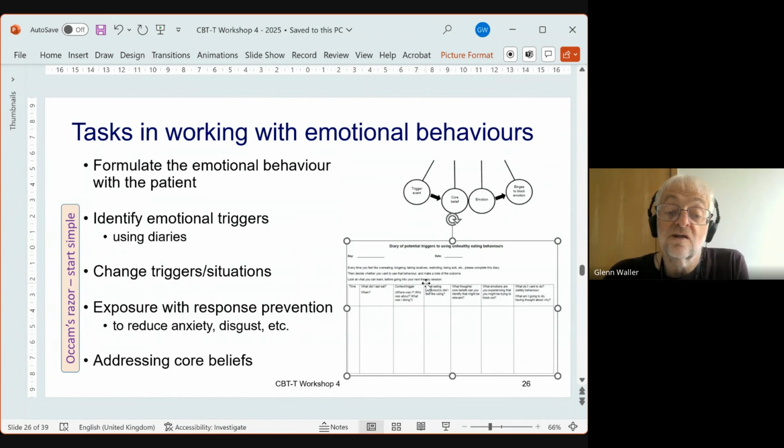But also, what's the context? Where was I? Who was about? What was going on? What was I doing? And then what was the eating behavior? So let's say in this case, binging. Like I say, it could be vomiting. There's a whole set of other behaviors it could be. But let's say binging for the moment.